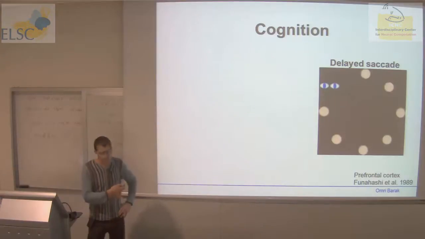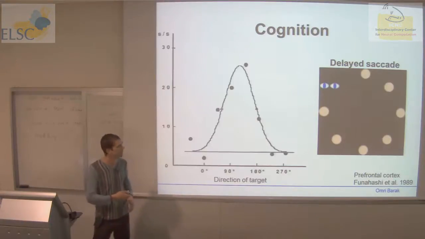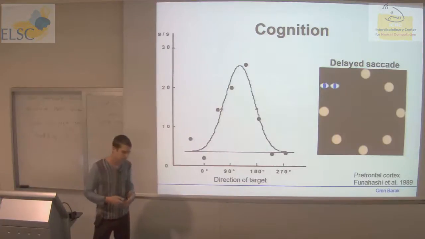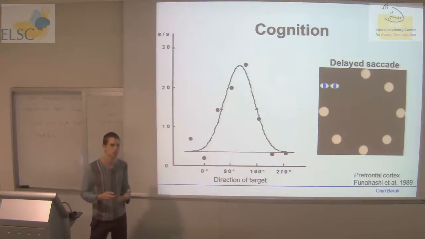Depending on the location of this target, there are neurons that during this memory period fire preferentially to one direction and not others. So there are these examples of very impressive single neurons that have a very easily interpretable response profile.